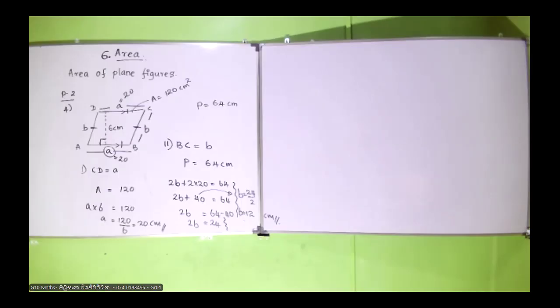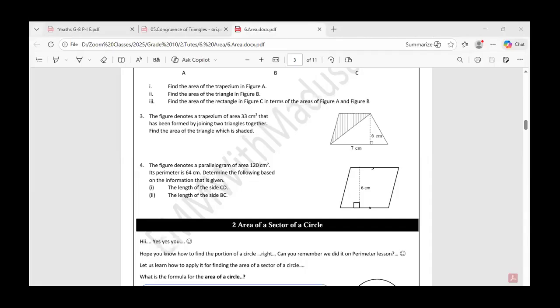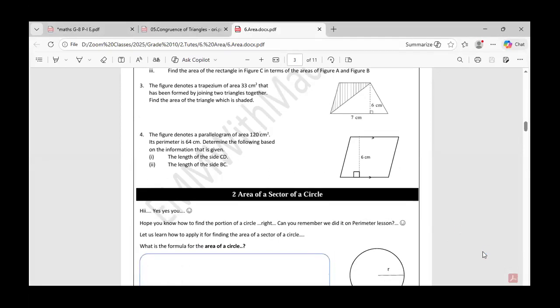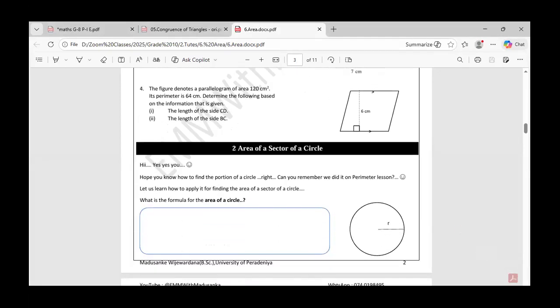This is where we are going to begin this lesson. Right? Now we have to deal with the real things. Hope you know how to find the portion of a circle. Right? I'm asking you. So no need to share any. I will come back to the board.